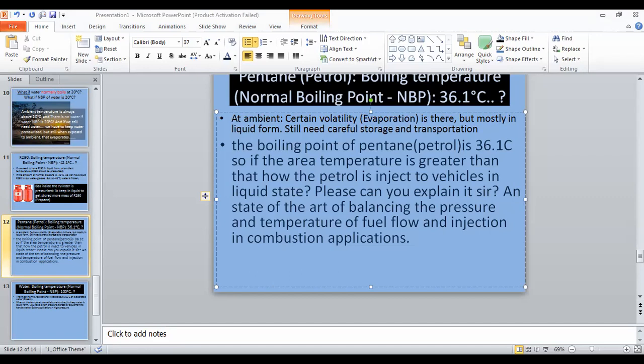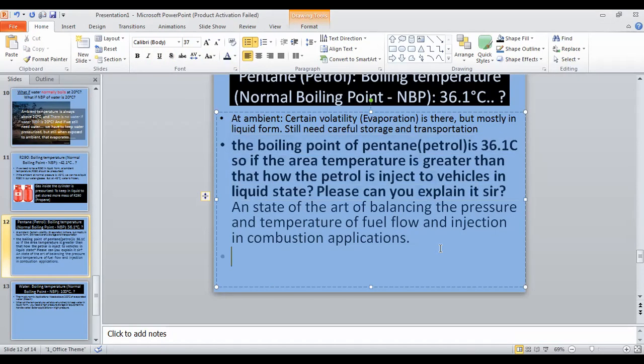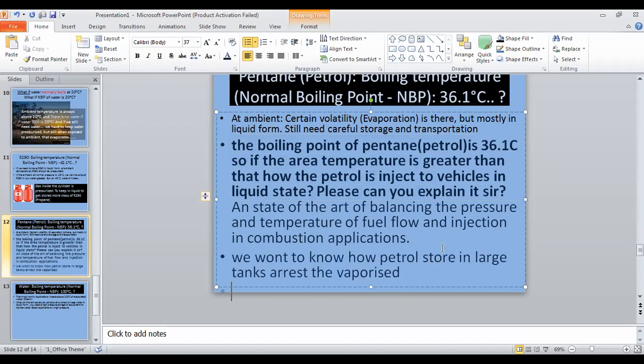Yeah, vaporize in petrol storages, another problem. Another question here.